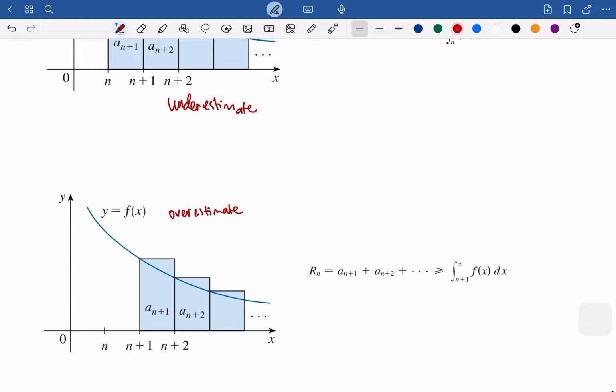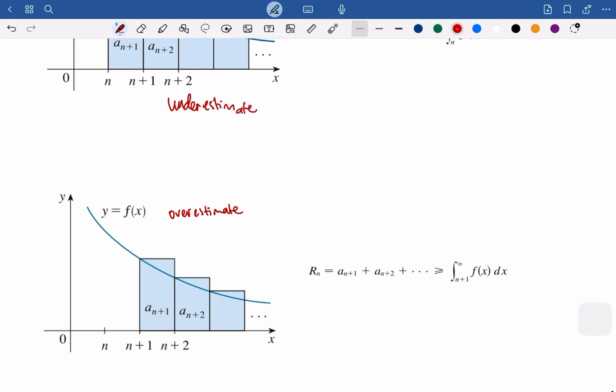If we use the same function and shift slightly to make it an overestimate, this is similar to the Riemann sums in Calculus 1, where we can take the left endpoint or right endpoint. So we shift a little and make it start from n plus 1, and we get that the remainder will be greater than or equal to the integral.